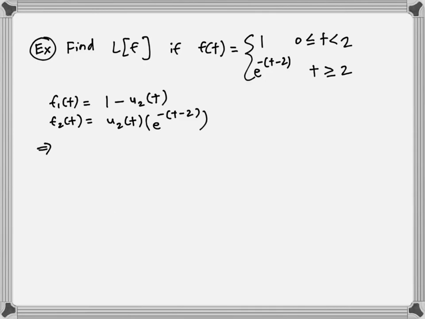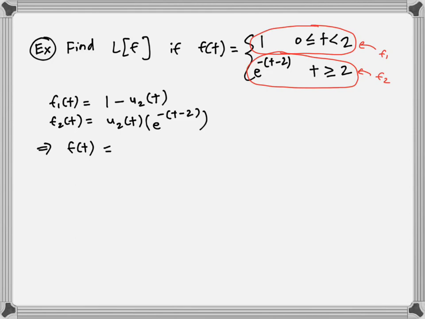And so you add these two together to give me the f, right? Because this guy is my f1, and this guy is my f2. So I just basically wrote f as the sum of those two functions, okay? So f is going to equal 1 plus u2 of t times what?